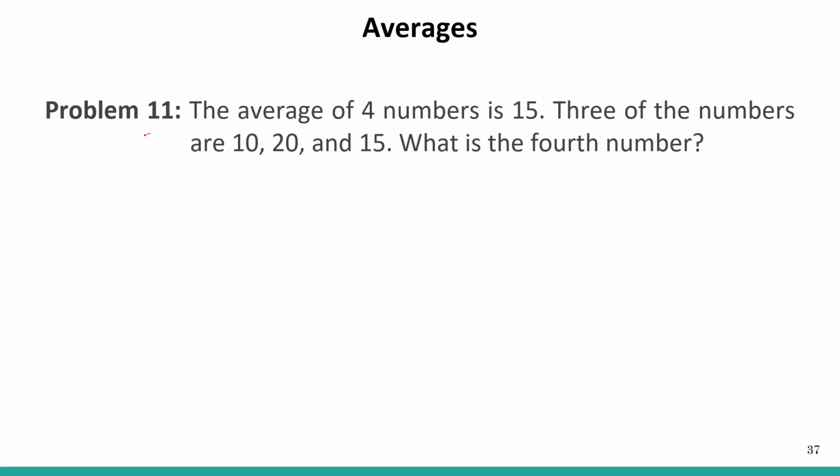So let's see problem number 11. The average of 4 numbers is 15. So 4 into 15 is equal to 60. So the cumulative count of the 4 numbers, or their addition, is actually 60. 3 of the numbers are 10, 20 and 15. So 60 minus 10 minus 20 minus 15 is equal to what? 60 minus 45 is equal to 15.